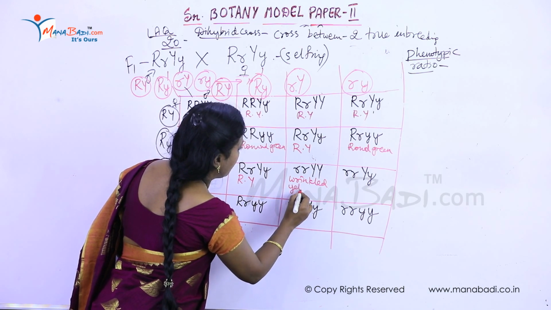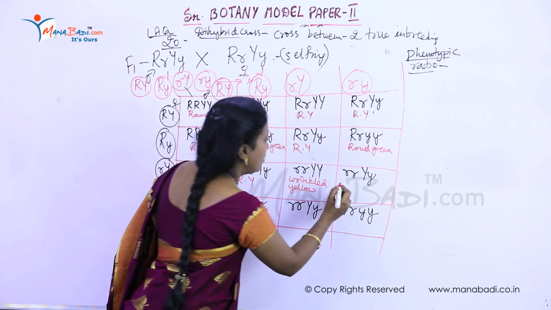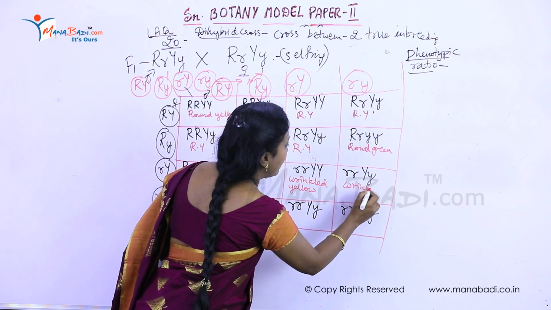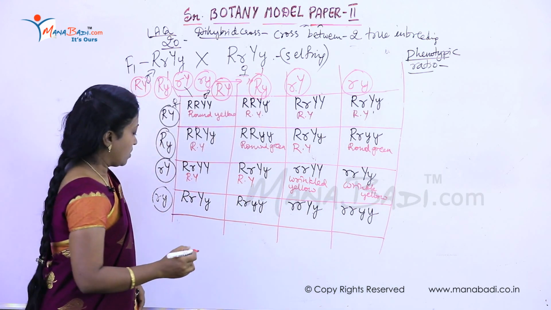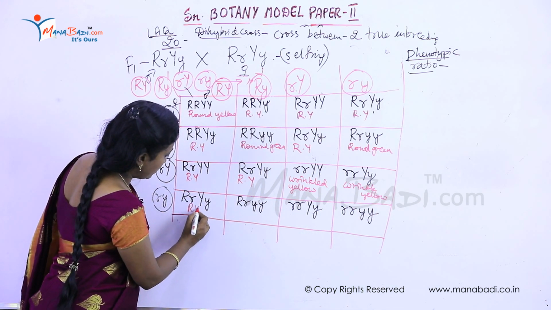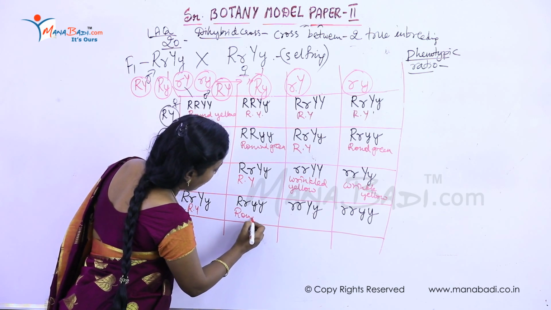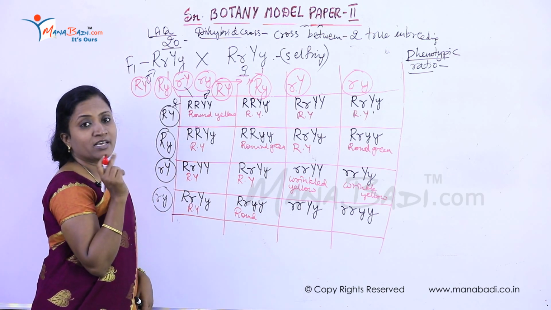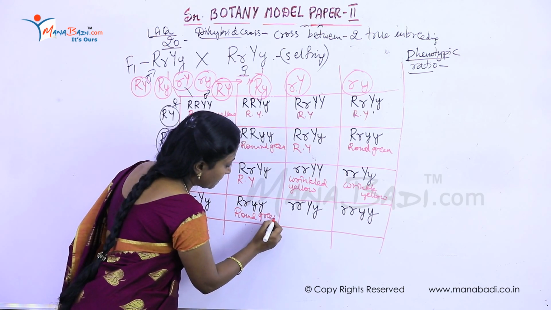Wrinkled yellow. Here also it is wrinkled yellow. Here it is round yellow, and here it is round, but the genotype is small y, which is green.